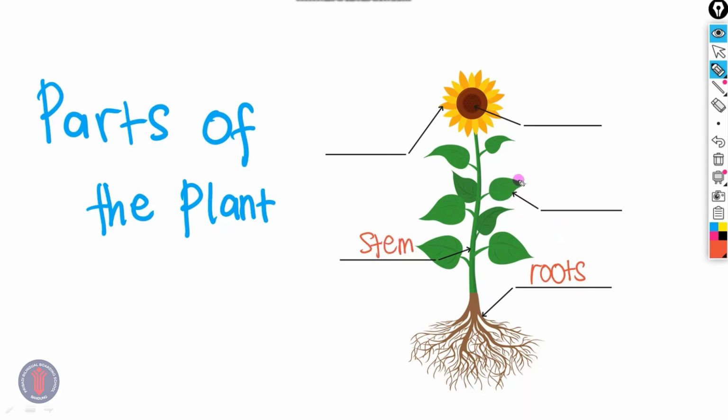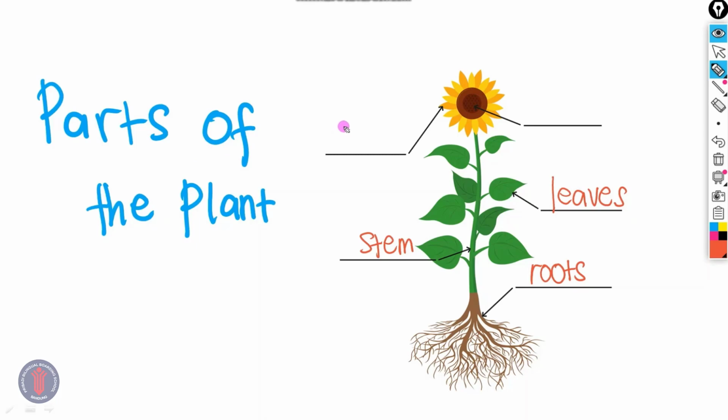And here we also have what is called leaves. Do you still remember what's the function of the leaves? Yes, it is for making the food for the plant. And on the top of it, we have a part that is mostly bright in color and also scented, and it can attract many insects like bees to come to it.